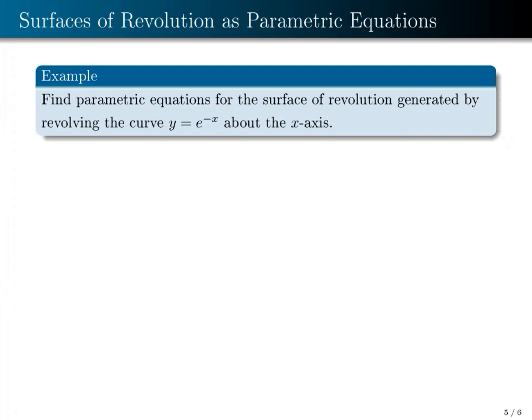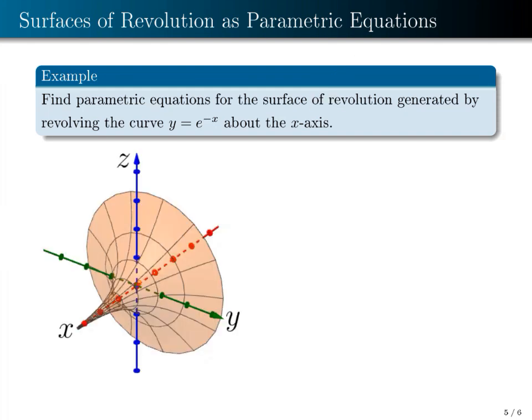In the first example, we are being asked to find parametric equations for the SOR generated by revolving the plane curve y equals e to the minus x about the x-axis. The figure on the left shows the SOR.